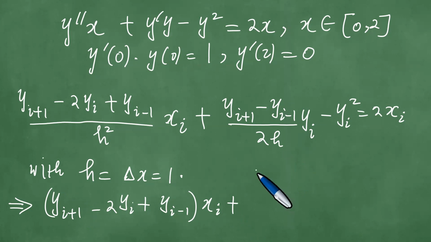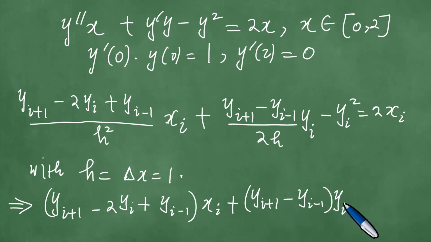Now we replace h by 1, and this gives us yi plus 1 minus yi minus 1, which is exactly yi. Then we say that this is minus yi squared, and this is 2xi. And this is exactly what we are able to achieve here.